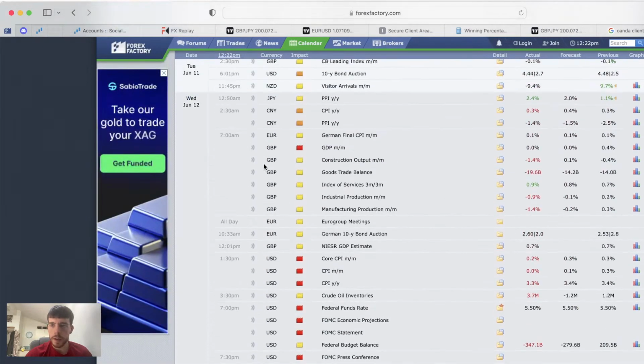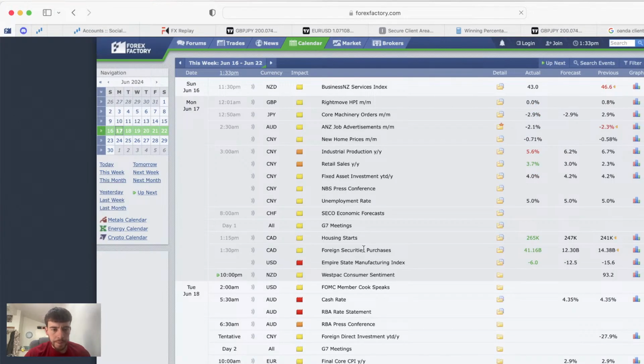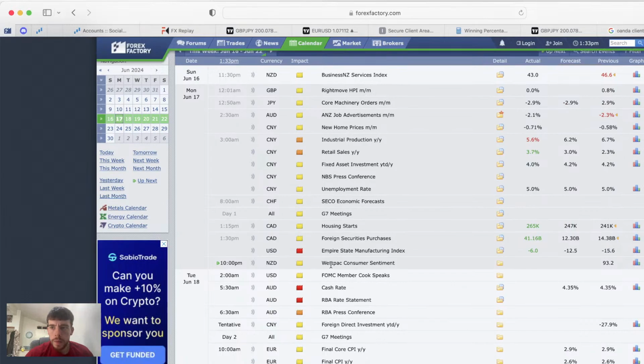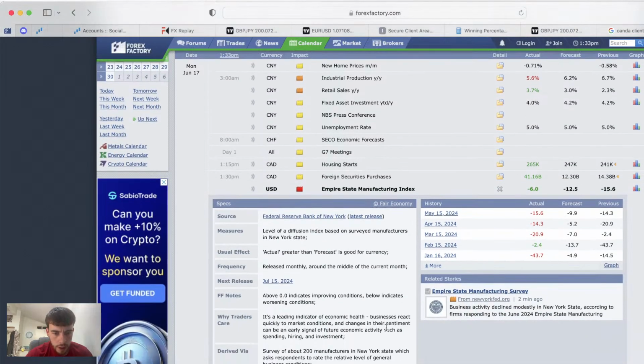Let's have a look before I go on to the currency pairs themselves. Let's have a look at the news events coming out this week. Okay, so we had some news come out actually. 1:30 p.m. US news, which looks like it was positive for the dollar. So above zero indicates improving conditions.